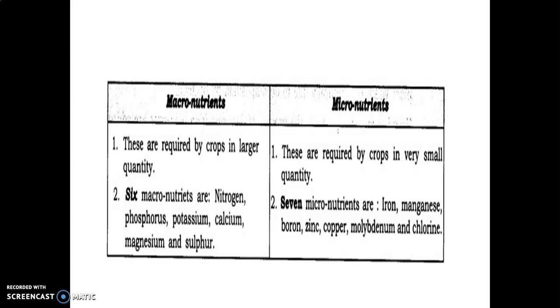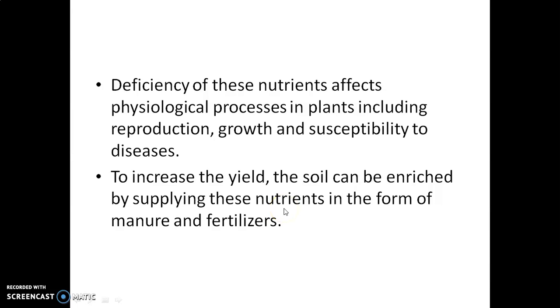Again a table is given here to differentiate macronutrients and micronutrients. We know that macronutrients are required by crops in large quantity, 6 of them; write the names of the 6 nutrients. Okay, micronutrients are required by crops in very small quantity, and there are 7 elements coming under the category of micronutrients. And children, deficiency of these nutrients affects physiological processes in plants, including reproduction, growth, and susceptibility to diseases.